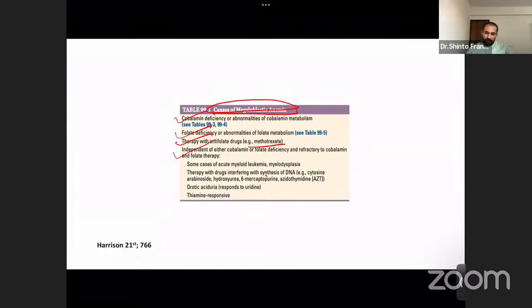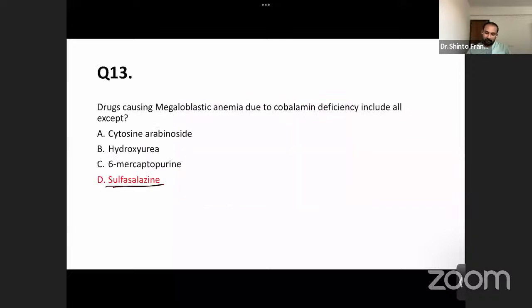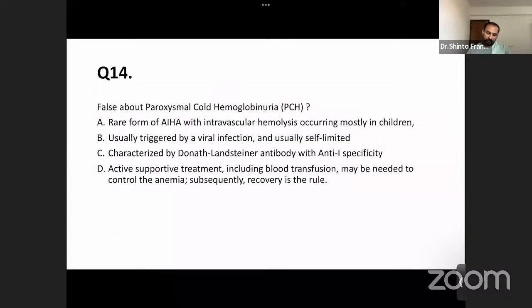Some cases of AML and myelodysplasia can cause a megaloblastic picture. Therapy used in those interferes with DNA synthesis: cytosine arabinoside, hydroxyurea, 6-MP, azidothymidine, orotic aciduria, thiamine responsive megaloblastic anemia. So here it is sulfasalazine. The rest all cause megaloblastic anemia.